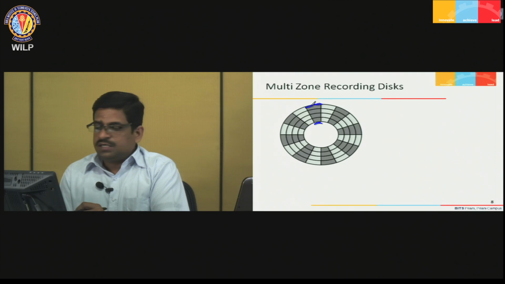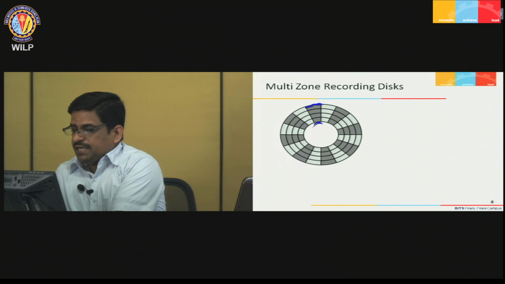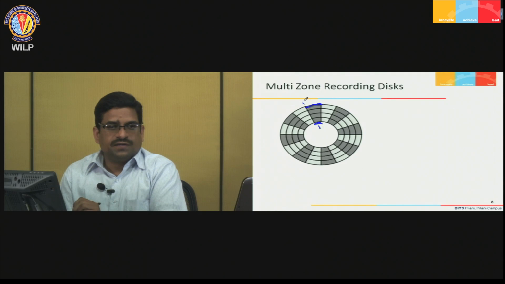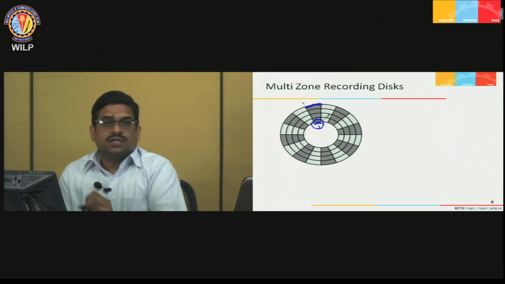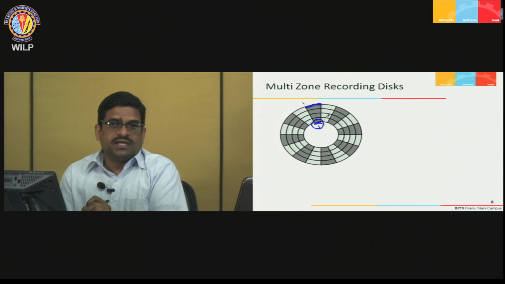This means that the linear distance of the innermost track and the outermost track is different, and the number of bits is the same, meaning the density of bits at the innermost track is more compared to the density at the outermost.